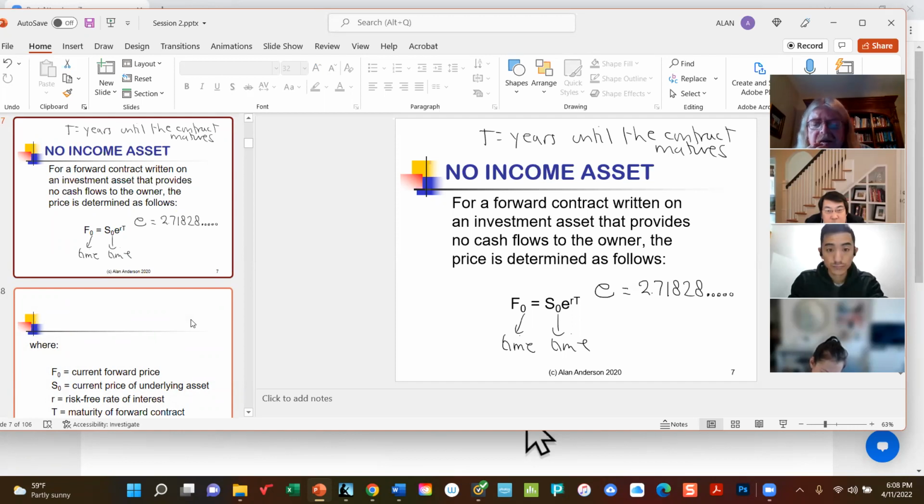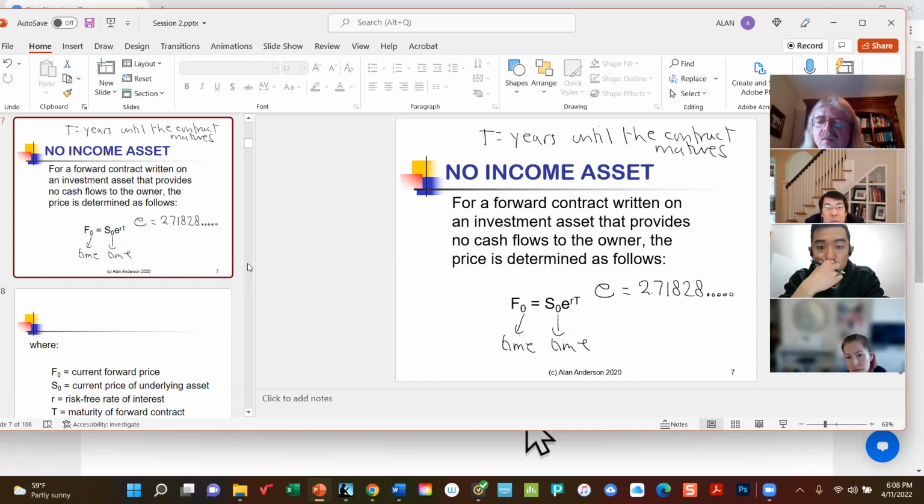By the way, these formulas often have time subscripts attached to them. And here, these 2 subscripts represent time, and normally time 0 means today. So in other words, F0 is meant to indicate today's forward price. And S0 is the current spot price, the price that you see today.